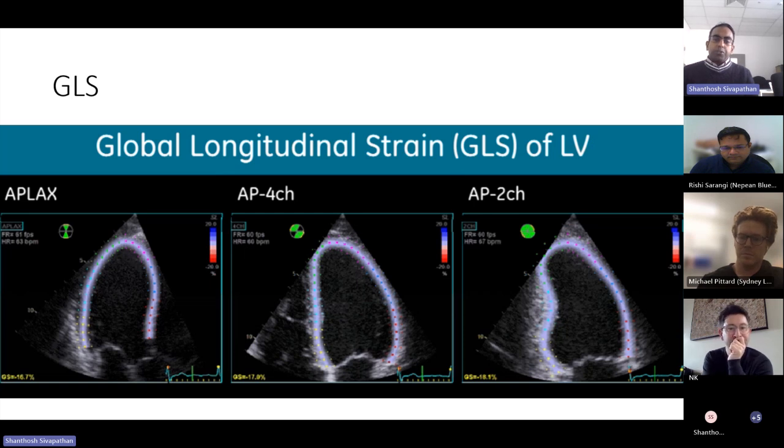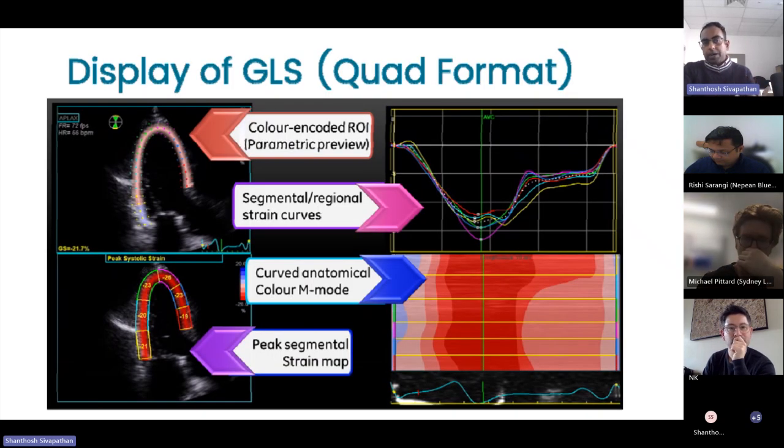Okay, so this is what we talked about, global longitudinal strain. We get it in your 3-chamber, 4 and 2. Using AI, the software package, we can just track or trace around the myocardium or endocardium, and it will give you that value. It will then come up with this quad form display plot, and this is quite important.